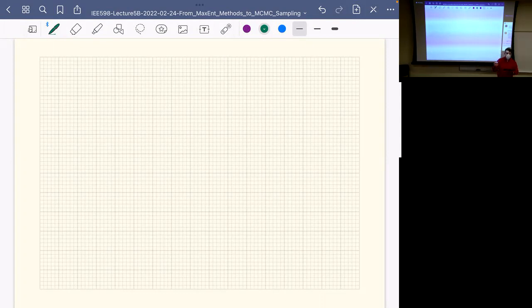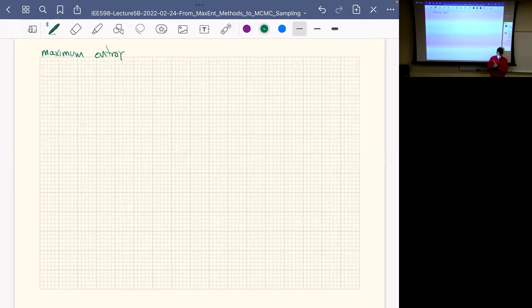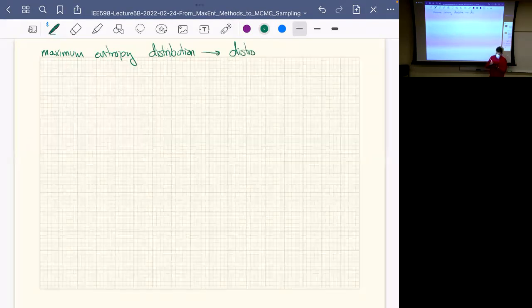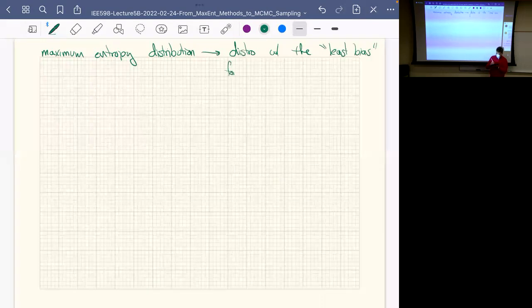That means that we can interpret the so-called maximum entropy distribution as the distribution with the least bias for given constraints.